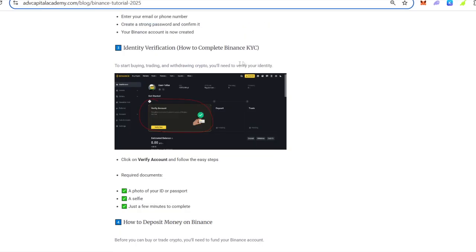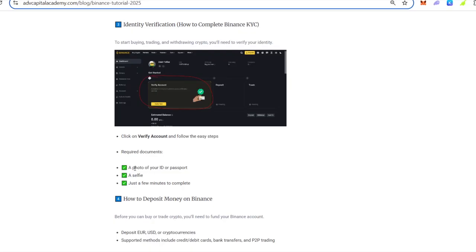For Binance verification, you will need to prepare a photo of your ID or passport. You will do a quick selfie, and once you click on verify now, you just follow the instructions and in a few minutes your process will be completed.